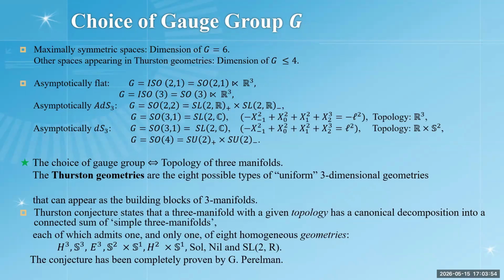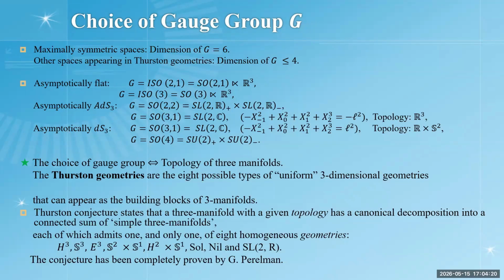This is the three-dimensional de Sitter space, and this is the Euclidean space. That is maximally symmetric spaces. Then we have the rank 6 gauge group. But for other spaces, I will introduce Thurston geometry. Thurston geometry has 8 kinds. So this is very familiar, and this one is a product space. And then we have some strange spaces. I will explain a little bit.